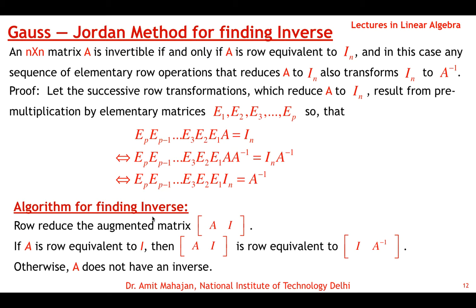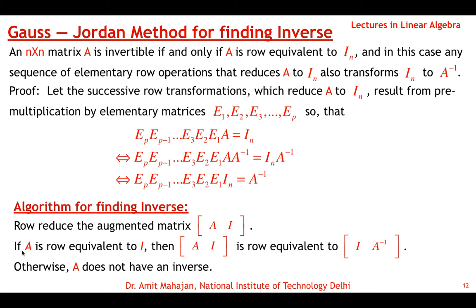We can write it in augmented matrix form, in a single matrix: the A matrix, whatever square matrix is given, and the identity matrix of the same size as A. That way it is easier to apply the row operations. Whatever row operation we apply on A, we apply the same row operation on this identity. As soon as A converts into identity, this identity matrix converts into A inverse.